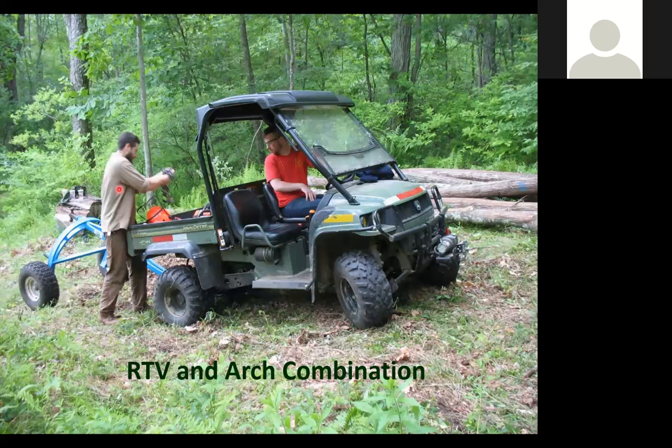In this case, we have the arch with a plain tongue attached to a D-ring type of hitch right on the back, very simply, and it gets the wood off the ground and doesn't take a whole lot of horsepower to pull these logs once one end of them is off the ground.